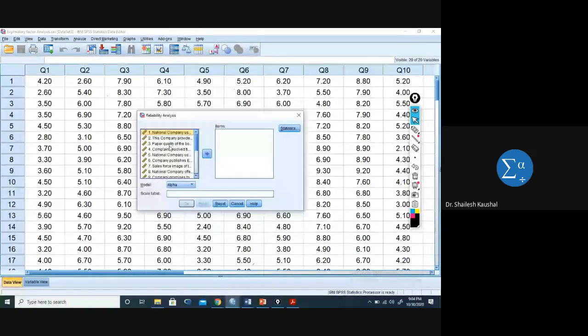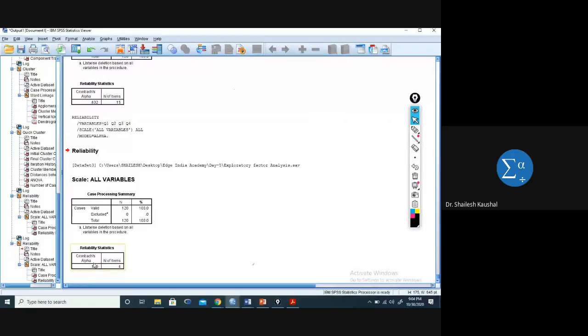If I'm taking only 4 questions, what would be the Cronbach alpha value? So I transferred only 4 questions here and then alpha and okay. Here the Cronbach alpha value is 0.156. It is not desirable because it is hypothetical. But tomorrow I will use the tested scale, so there may be a possibility that each component's Cronbach alpha value would be greater than 0.7.